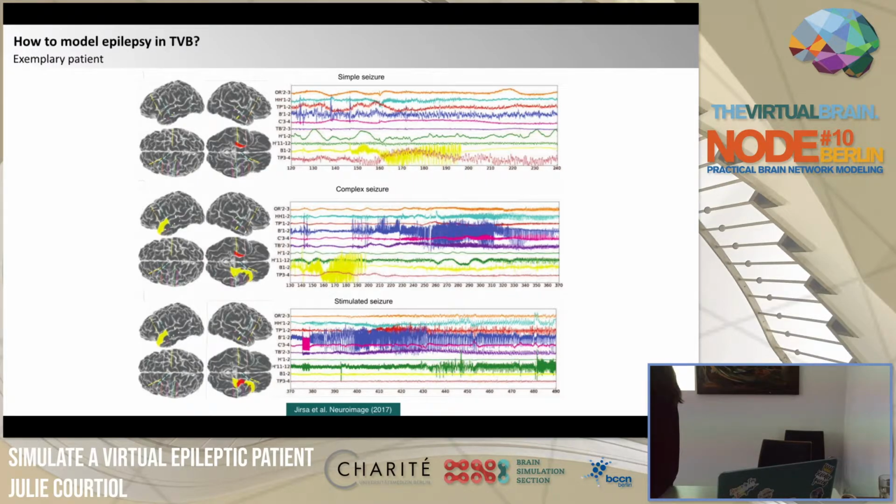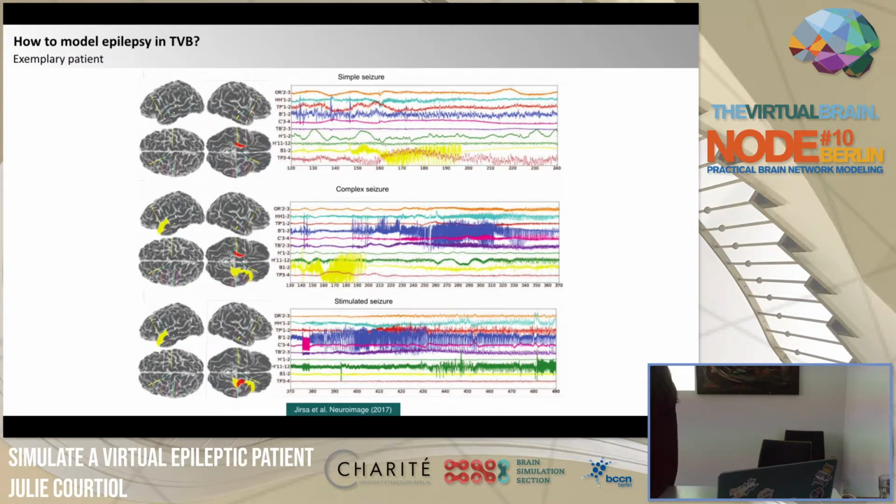One type is simple seizures. The seizures start here, in the right hemisphere, in these electrodes, and stop. And then the patient also exhibits complex seizures. Here again, the seizure starts in the right hemisphere, but this time it propagates to the other hemisphere, here.